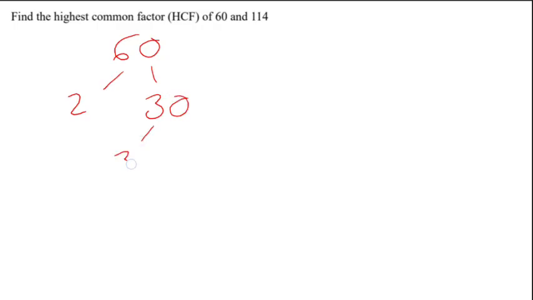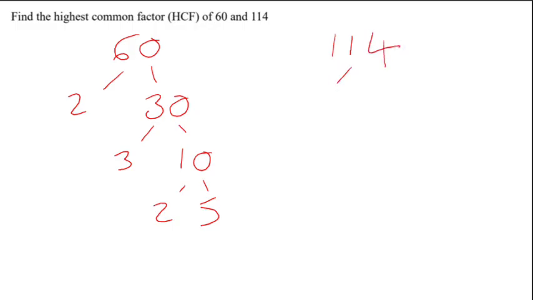I can split it into 3 and then 10. And then 10 I can do 2 and 5, and then that gives me all my prime numbers, so I don't need to do any more with that one. Then what I do is do the exact same process for 114.